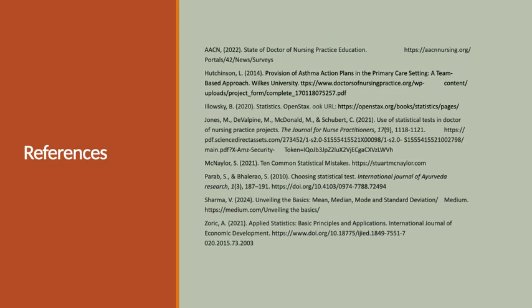Additionally, many DNP projects focus on quality improvement initiatives, and applied statistics will measure baseline performance, monitor changes over time, and evaluate the impact of interventions. Statistical process control tools are also valuable for improving healthcare processes.